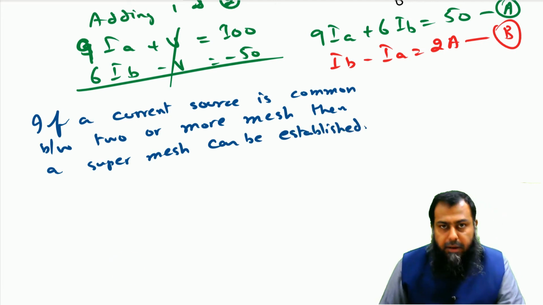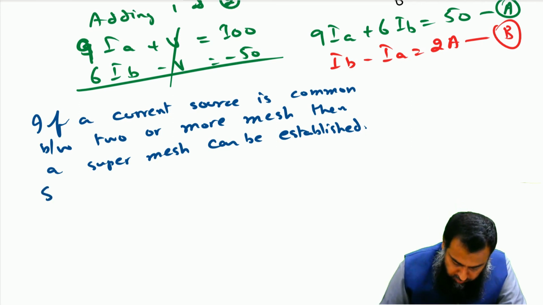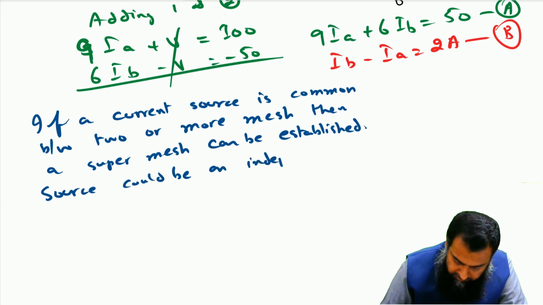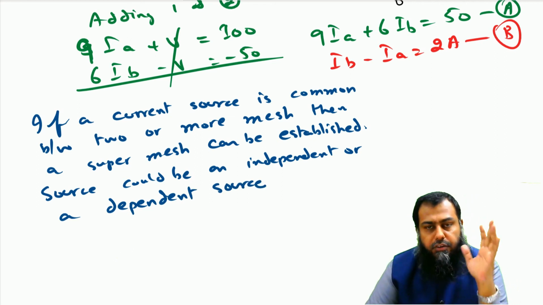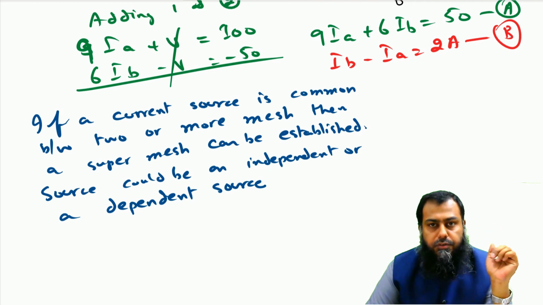This current source could be an independent or a dependent source, but it has to be a current source.